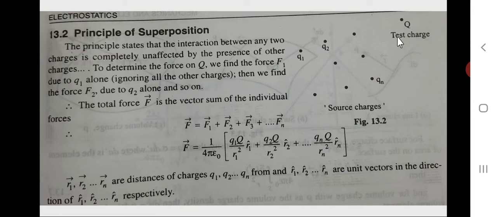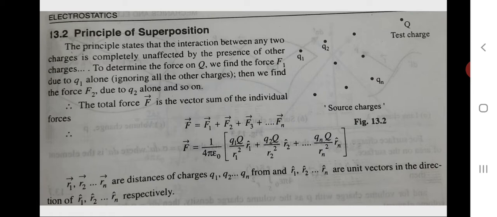We have to calculate the effect of q1, q2, q3 and q4 on this test charge Q. Therefore, the principle states that the interaction between any two charges is completely unaffected by the presence of other charges.